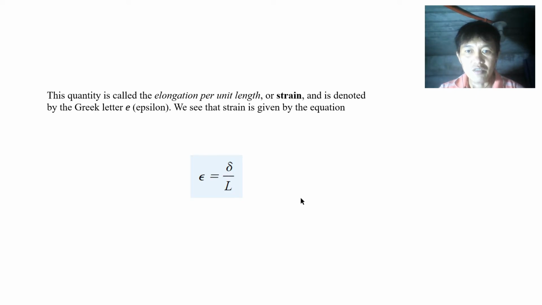In general, this quantity is called the elongation per unit length, or strain, and is denoted by the Greek letter epsilon. We see that strain is given by this equation.